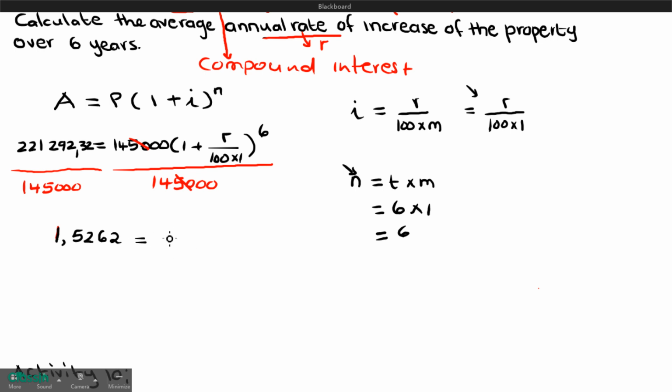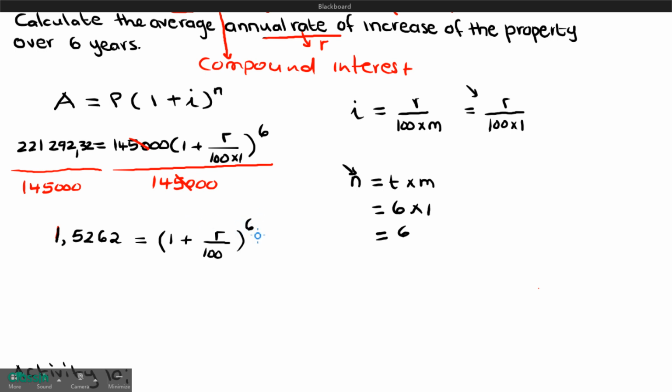This is the same as 1 plus R over 100, because 100 multiplied by 1 is still 100, and all to the power of 6. Now, after these things are still inside the bracket, now you can come and introduce your root.